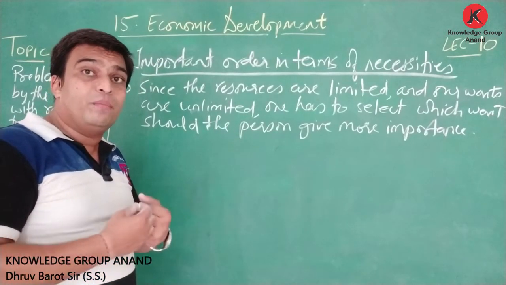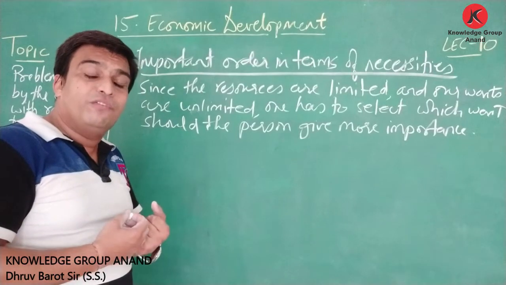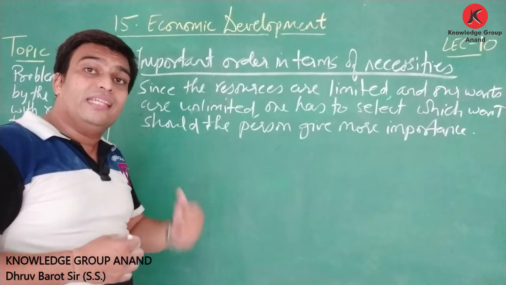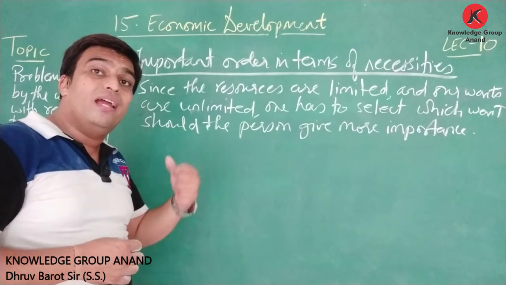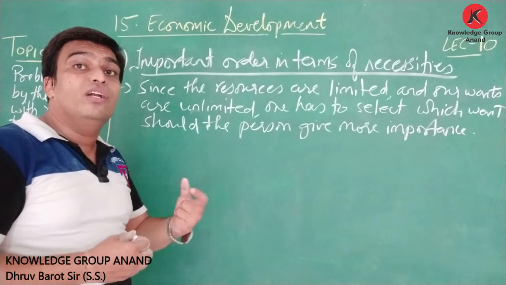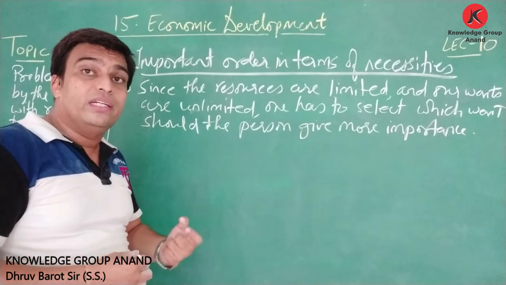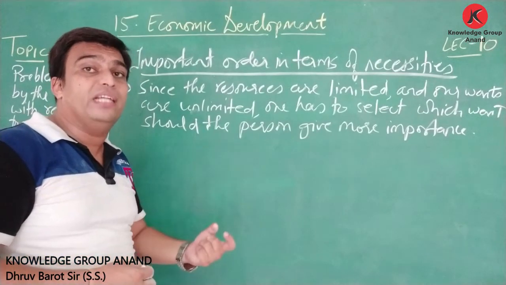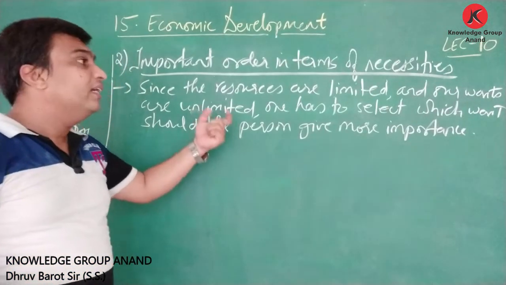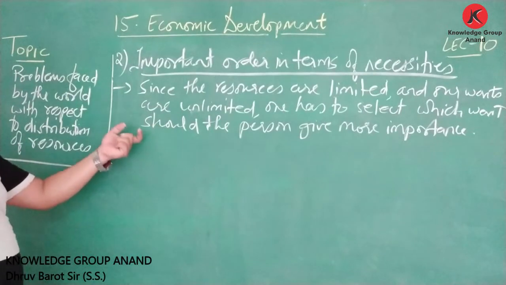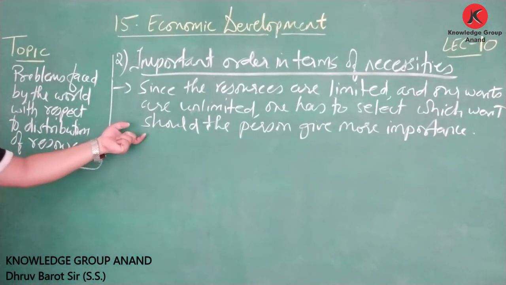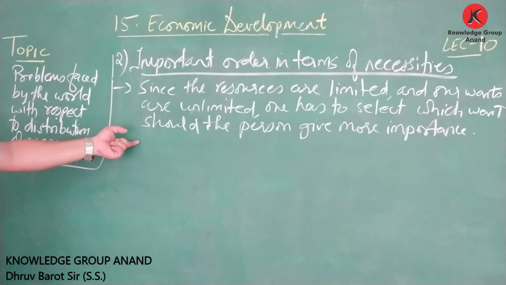For example, if a person wants to buy a car and at the same time wants to buy a house, the person has to select any one want, to which he should give the first preference, because the resources are limited.